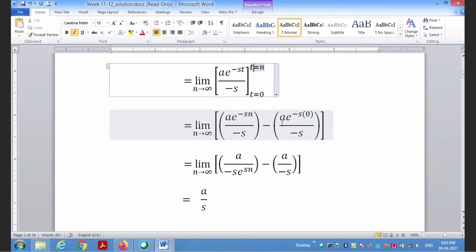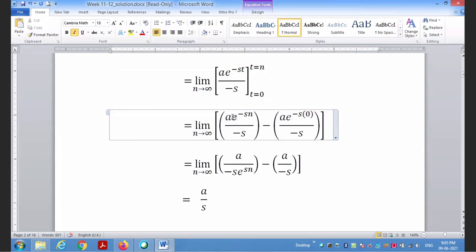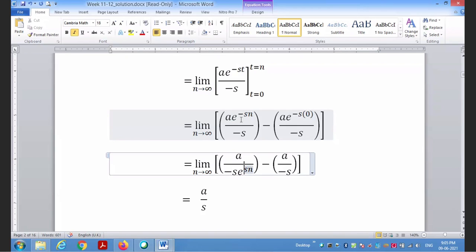Now, a times e to the power of minus sn over minus s. I can bring this power down. This is the same as 1 over e power of sn. Tengok, kuasa sekarang berturun, negatif jadi positif. The property of exponent.